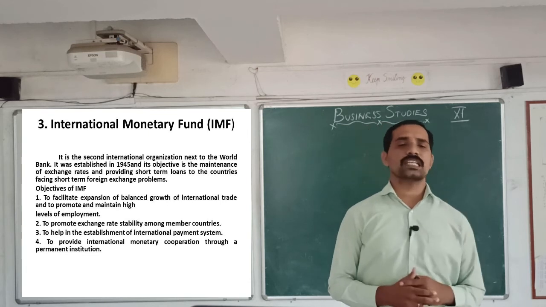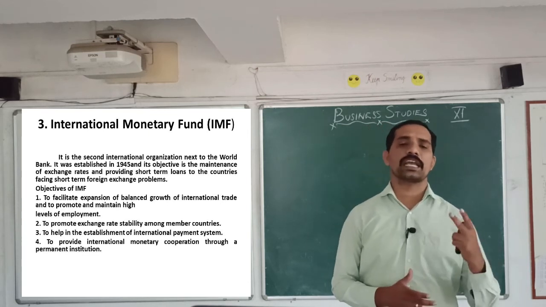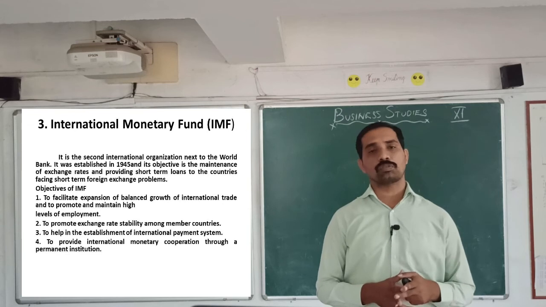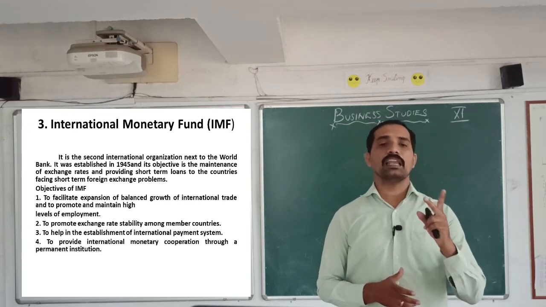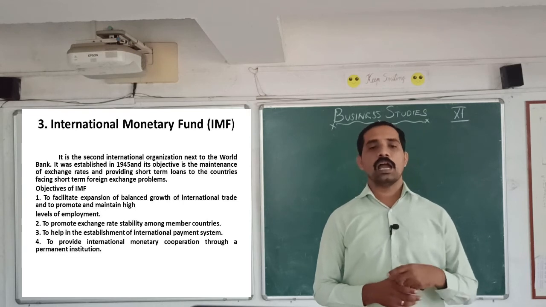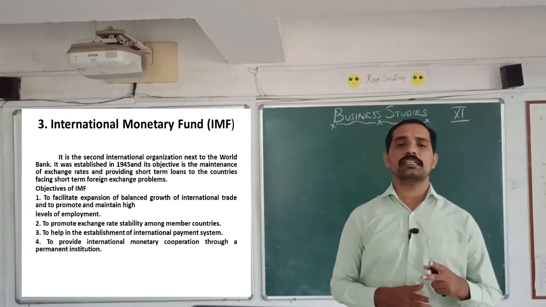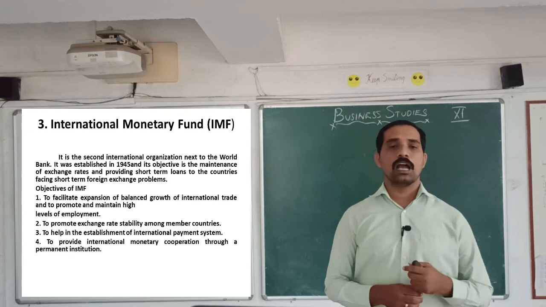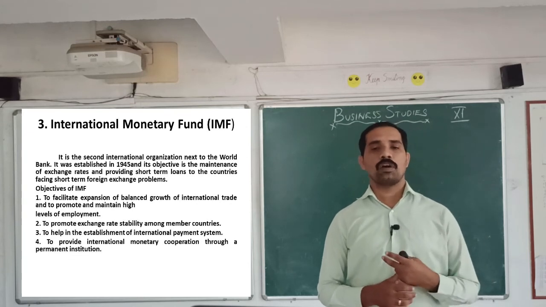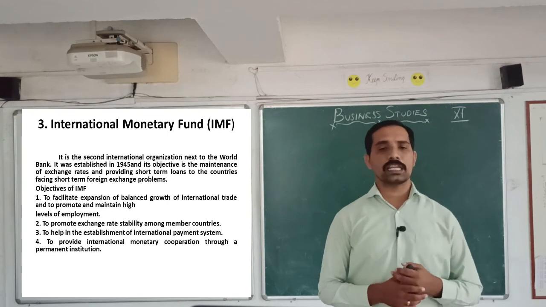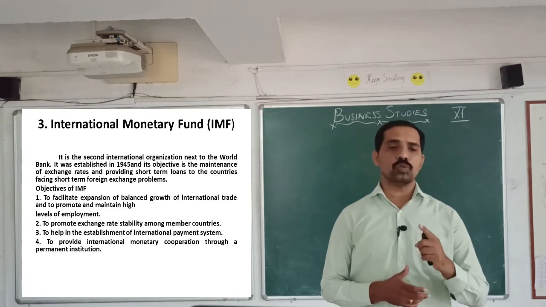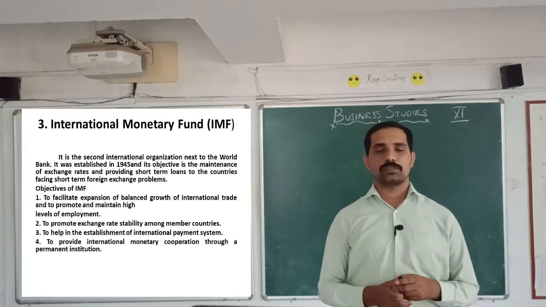Okay, so its objectives are to facilitate expansion of balanced growth of international trade and maintain a high level of employment, to promote exchange rate stability among member countries, to help in establishment of an international payment system, and to provide international monetary cooperation through a permanent institution.